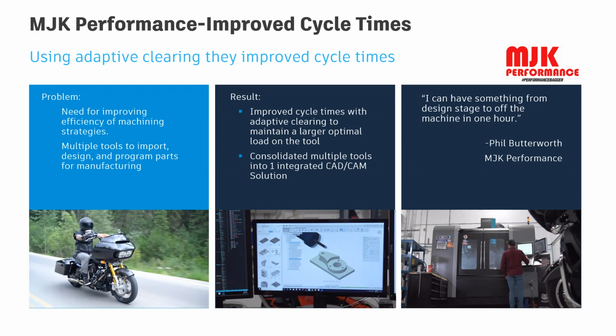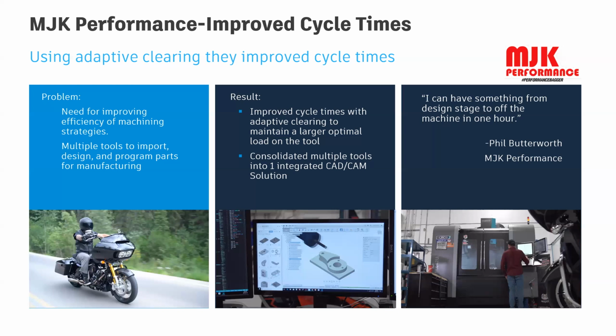These are some of the customer success stories. They were facing problems improving the efficiency of their machining strategy, and using multiple tools to import design and program the part.